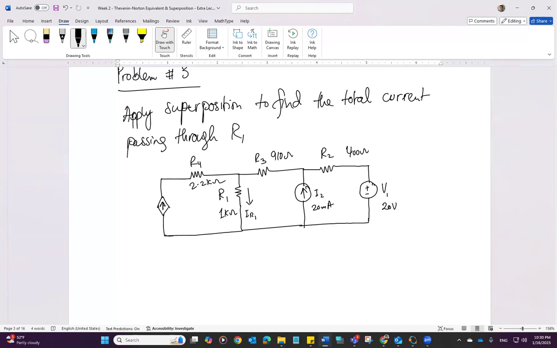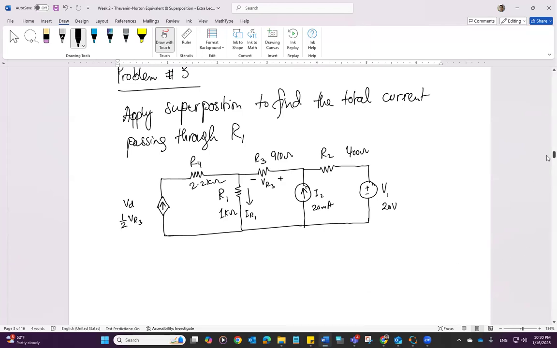And our dependent current source, let's say it is a voltage dependent current source, and the voltage is the voltage across R3, VR3. So VD is, let's assume, half of VR3. Okay, so this is the problem.